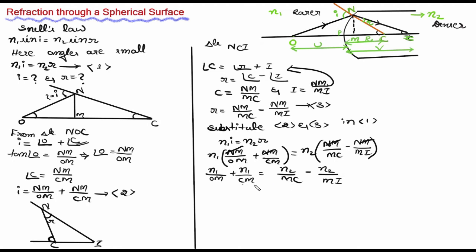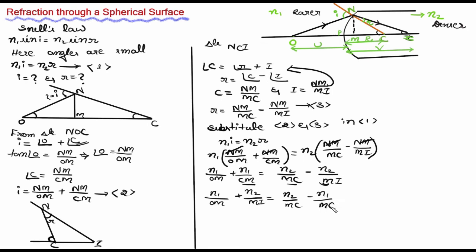Now what I am going to do is club the CM terms. Here you have CM, here you have MC, which is nothing but CM. So I am going to take this CM term to the right hand side, and take this term to the left hand side. So I will write N1 by OM, this negative will become positive, plus N2 divided by MI is equal to N2 divided by MC minus N1 divided by MC.